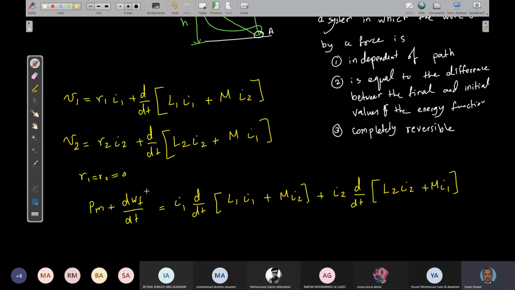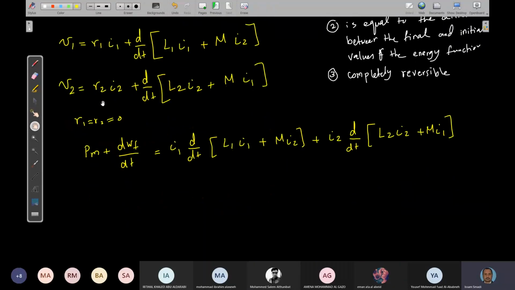Now, if I can calculate omega f, I can find the mechanical power. So I need to calculate omega f, which will equal the integration of V1 I1 plus V2 I2 dt.